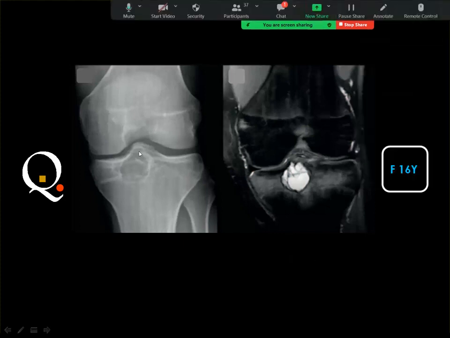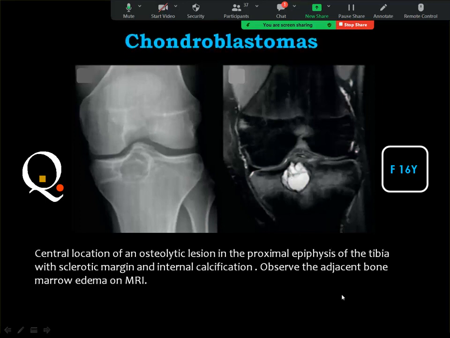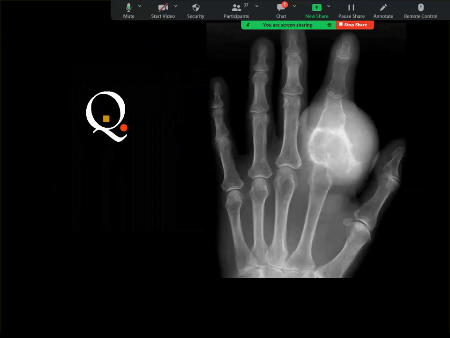This is a very big lesion to be considered as a GCT, but the patient is young, and there is a lesion in the epiphysis, and this lesion is cystic, surrounded by bone marrow edema, with a sclerotic margin, and maybe some foci of internal calcification, and all these criteria are supportive for the diagnosis of chondroblastoma, which is the only epiphyseal lesion.